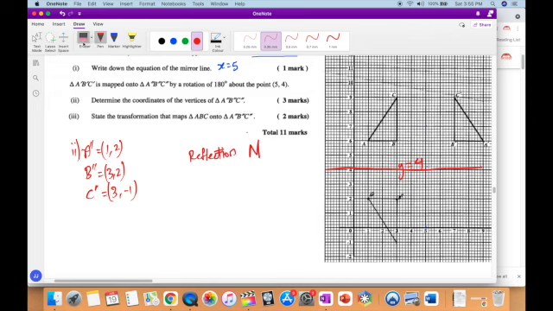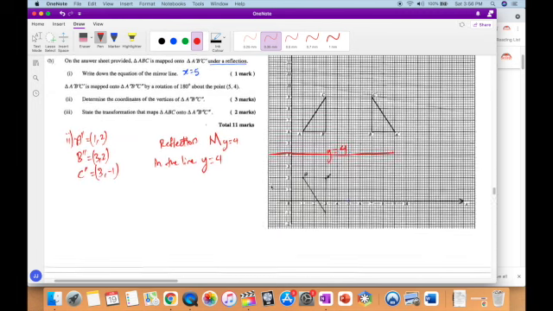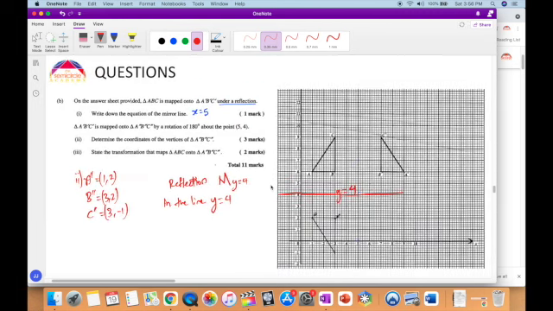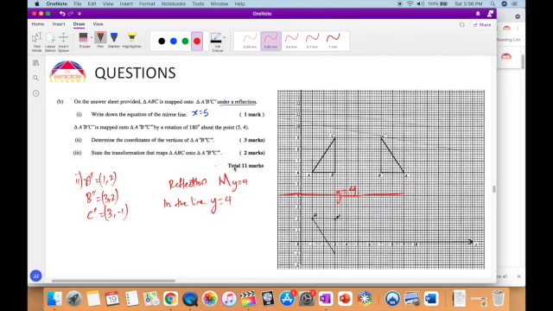So if you wanted to show off, you didn't have to write this, but you could have said M, a reflection in the line y is equal to 4. Or a reflection in the line y is equal to 4. Right? So you could see here that even though we did the full topic on transformations, it was mostly a common sense thing. Yeah. So anybody have any questions on this one?